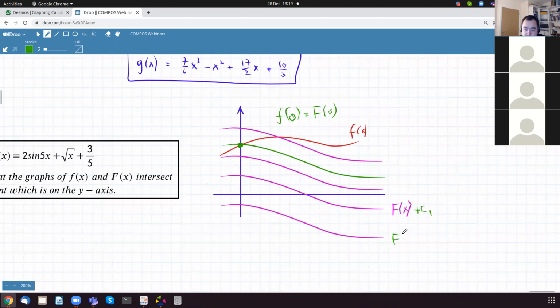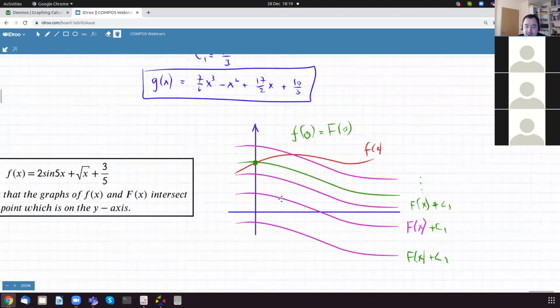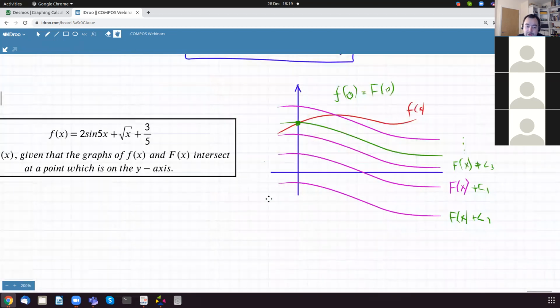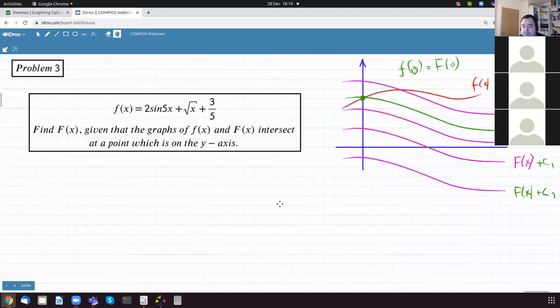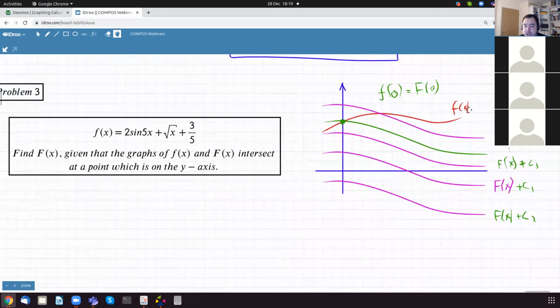This is F of x plus c2. Just different c's. I hope you understand that. F of x plus c3, etc. We call it a family of primitive functions, because every function is a primitive function to the original function.